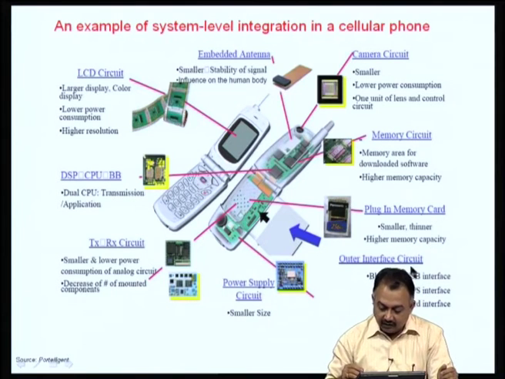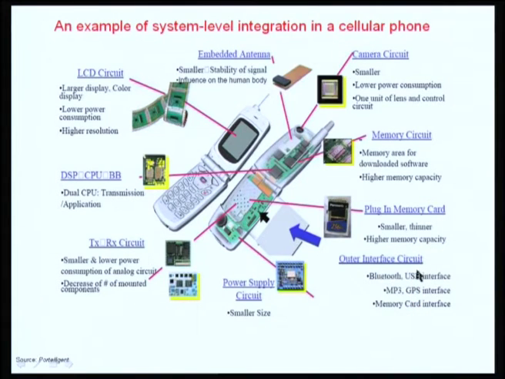Then you have the outer interface circuit like your Bluetooth, USB interface, connecting to various other systems, MP3 player and so on. Power supply circuit, again this is going to be very important because the power supply circuit should be small in size, and then the transceiver or receiver circuit, okay, because this is going to also consume power.